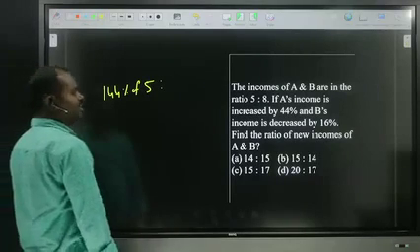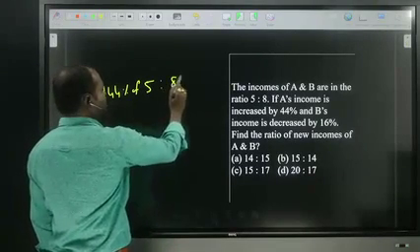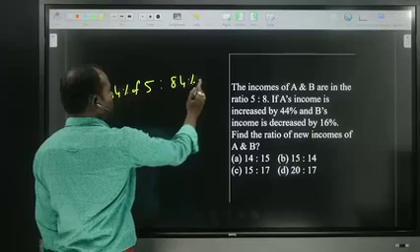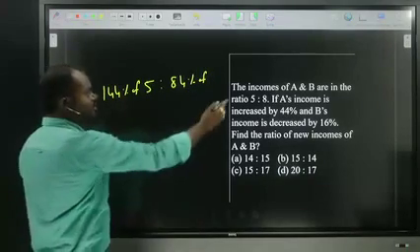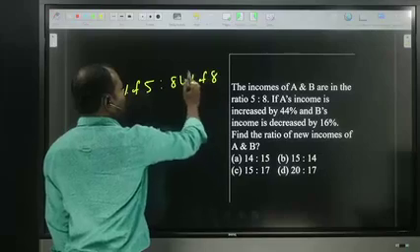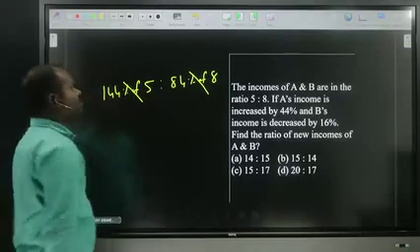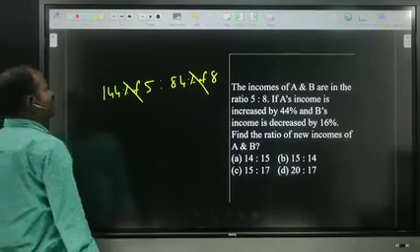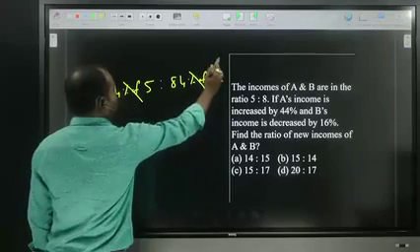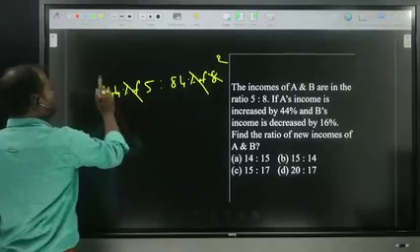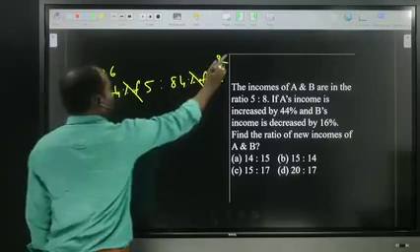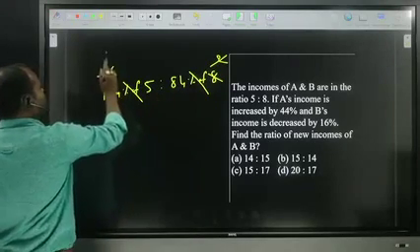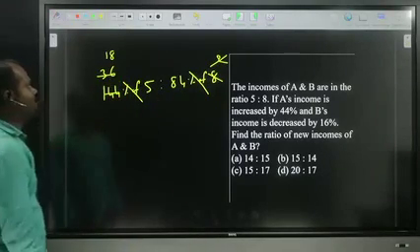So 100 minus 16 means 84% of 8. Percent cancels. Next, 4 twos, 4 threes are 12, 24, 4 sixes. 2 ones, 2 eighteens.